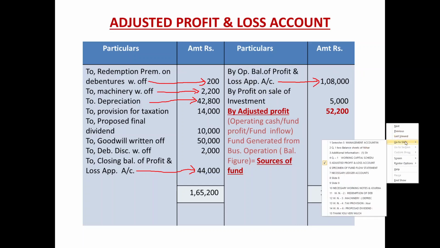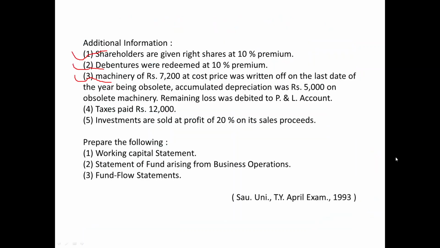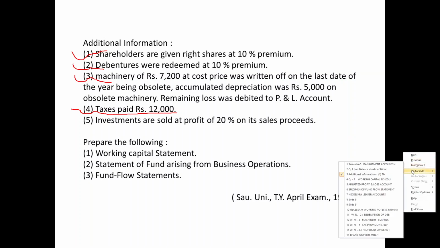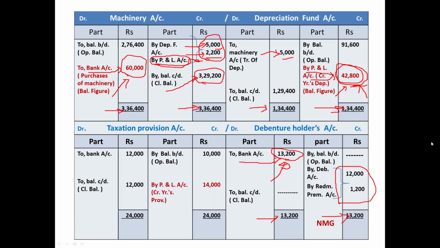Let us go to the next point. Point number 4 of additional information. Taxes paid rupees 12,000. So this one is related with income tax payment. See this taxation provision account.